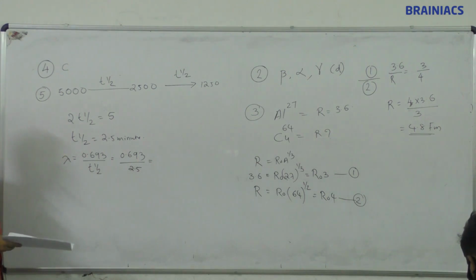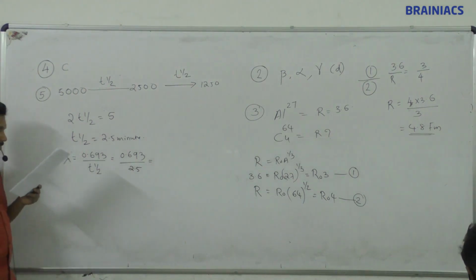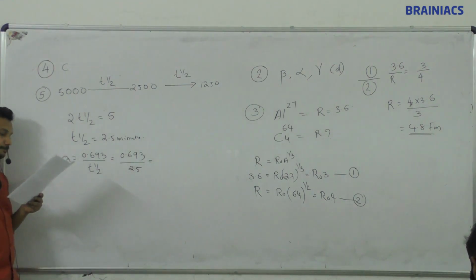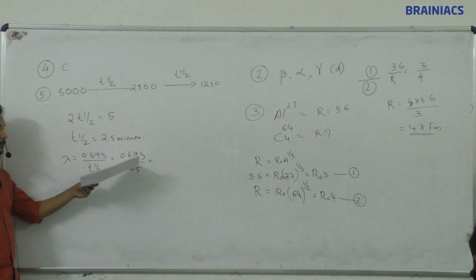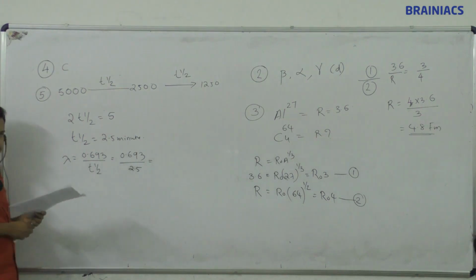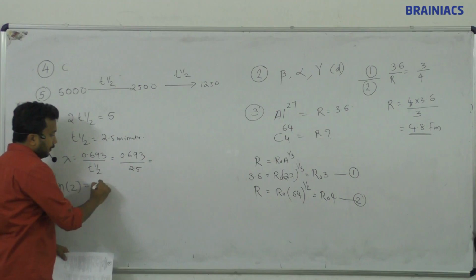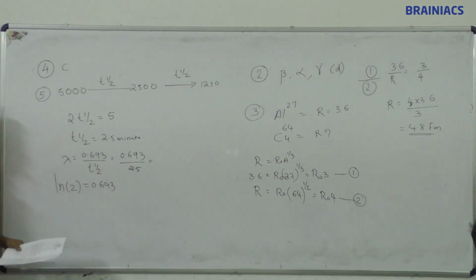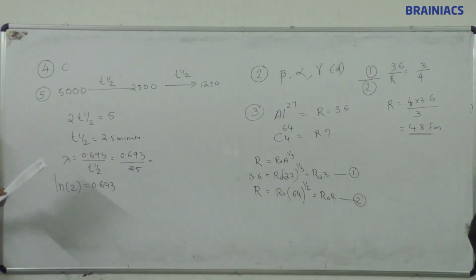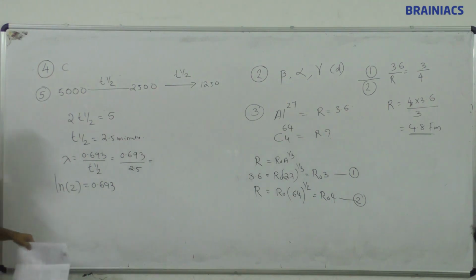How much is coming? Option A, 0.4 log 2. Log 2 is 0.693, the natural logarithm of 2 equal to 0.693. So 1 divided by 2.5 is 0.4.